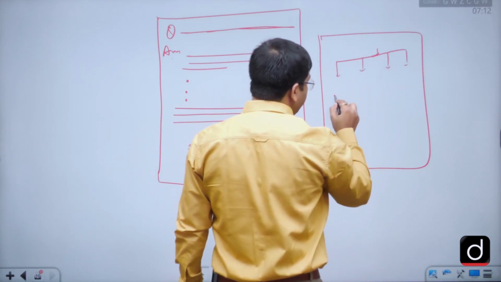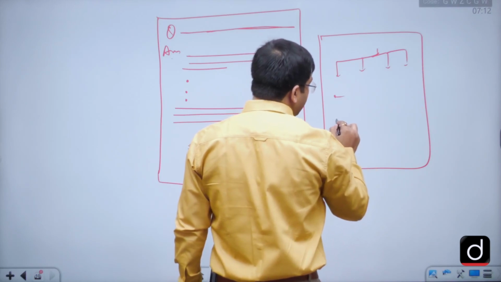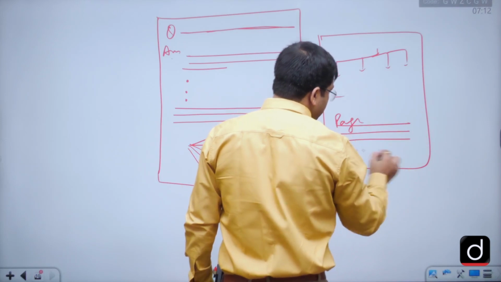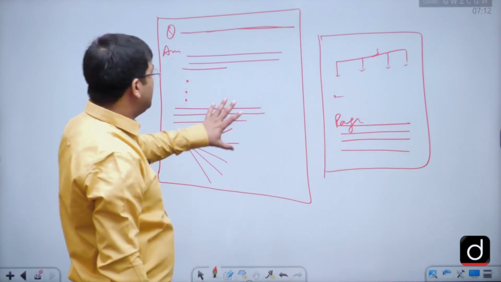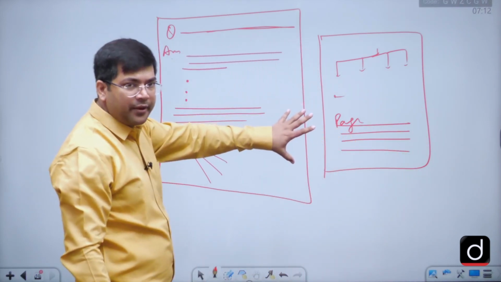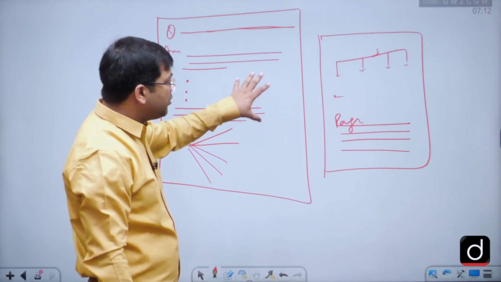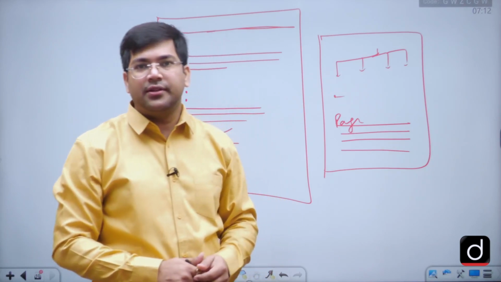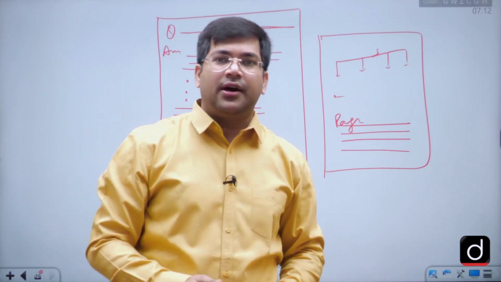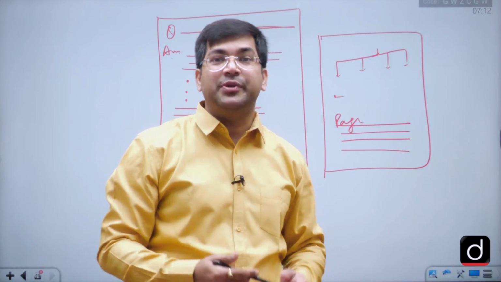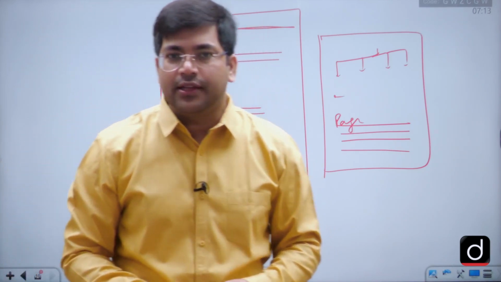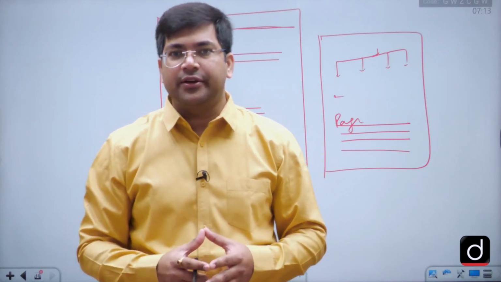Again, you have made some points. Again, write in paragraph. This is how your answer should look. And if you are able to write your answer in that way, I'm sure you will get good marks in the examination, and that will take you to a good rank.